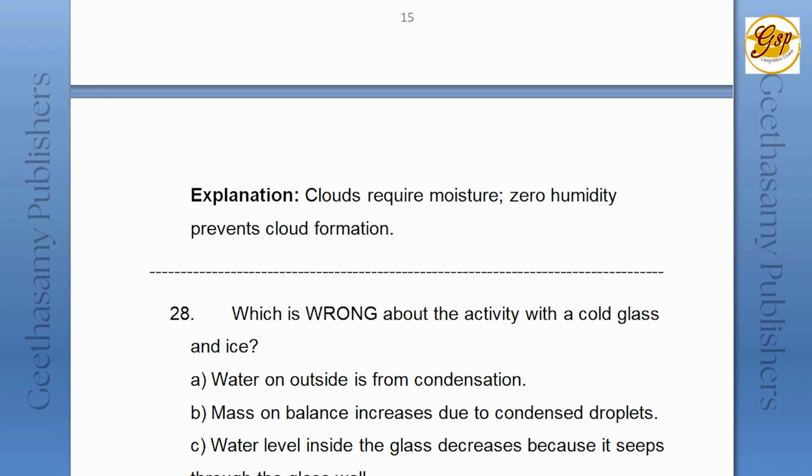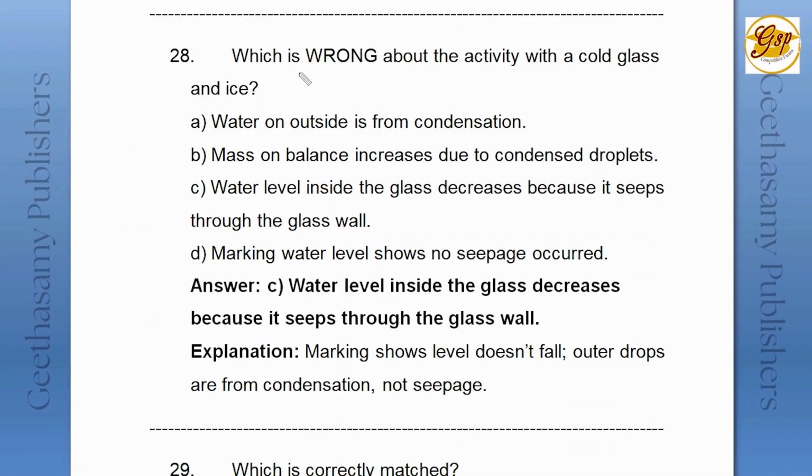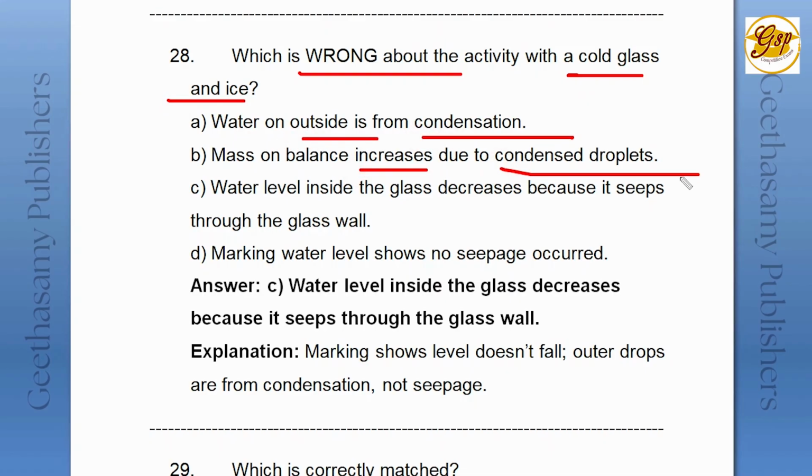Right? Fine. And 28th question. Which is wrong about the activity with the cold glass and ice? Water on the outside is from condensation. Mass on the balance increases due to condensed droplets.